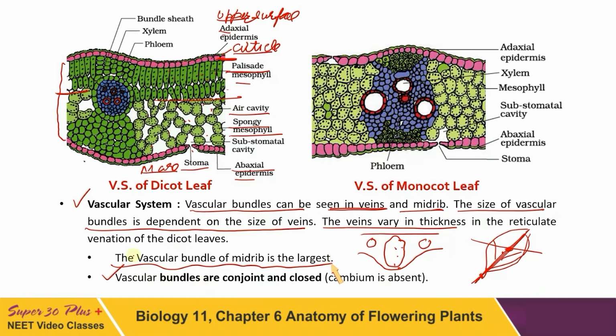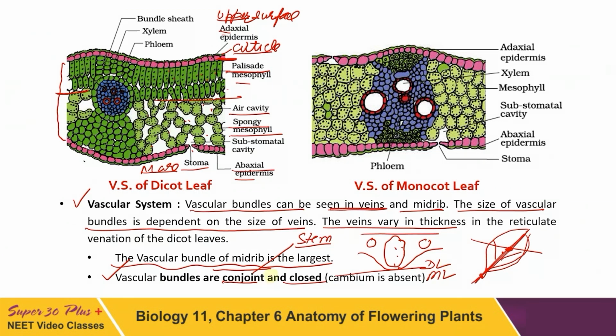Vascular bundles are conjoint like the stem, and these are closed. Remember, whether this is a dicot leaf or a monocot leaf, cambium is always absent. Otherwise, if the cambium is there, it may give secondary growth and the leaf will increase in thickness. No, never.